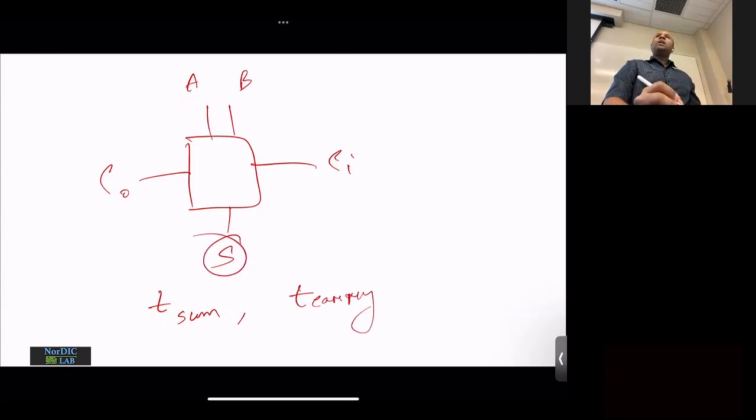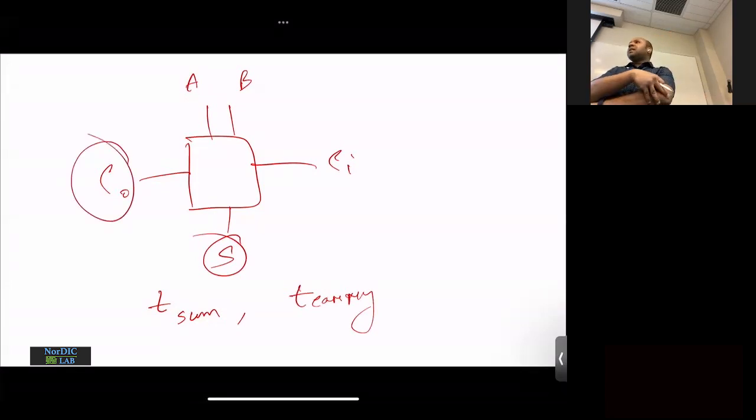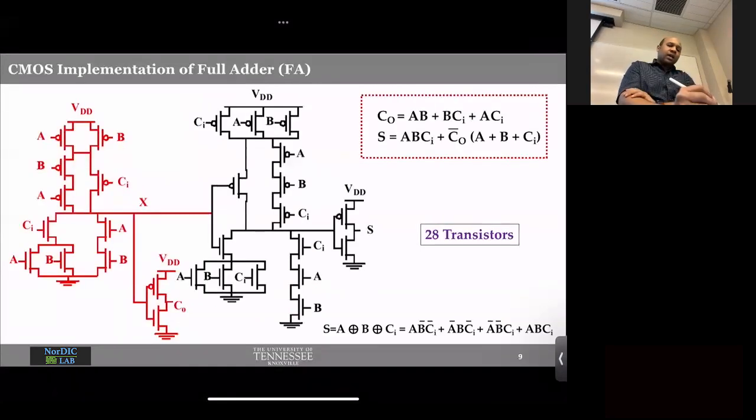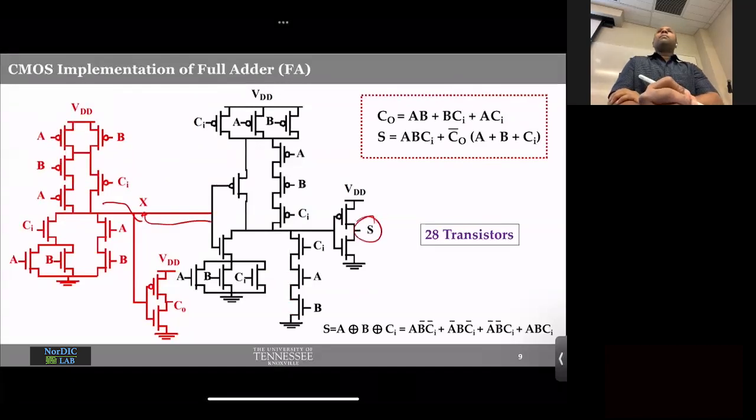And what is carry delay? The amount of time it takes to create the carry. Make sense? Are they going to be same or different? Can anybody tell me? Why different? Because you see, you first create the carry and then you use the carry to calculate the sum. So they're not going to appear at the same time. Make sense? There will be a delay, obviously.